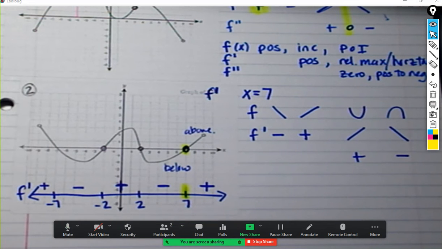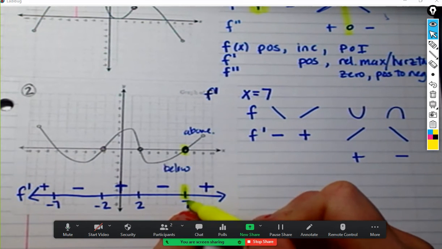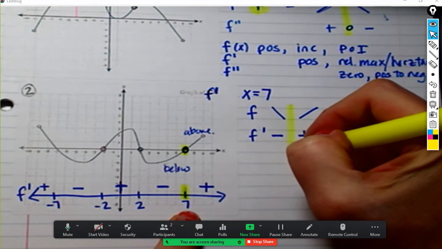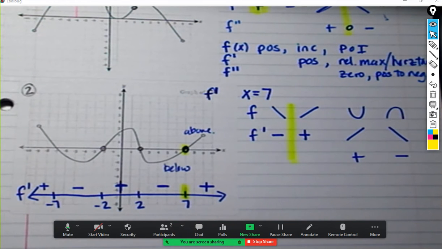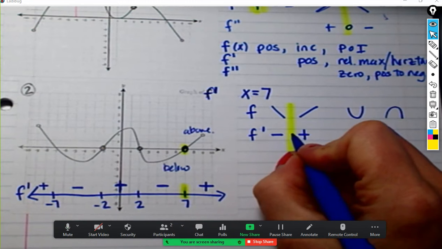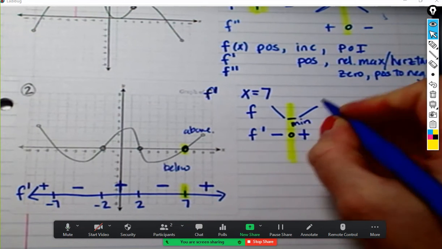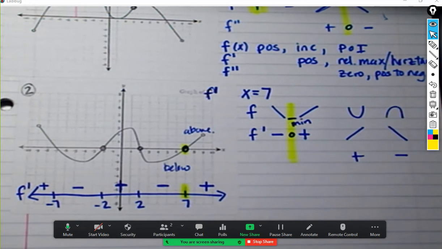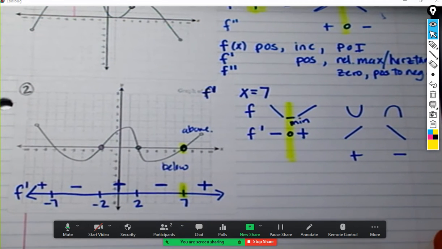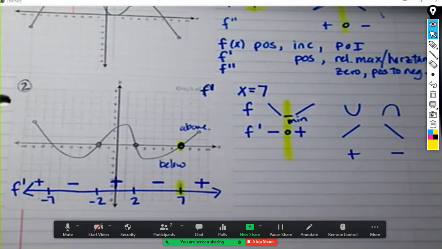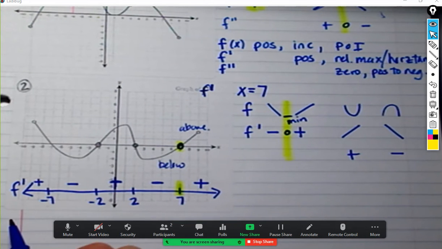Okay, so I'm looking at x equals 7. So that's right here. That's in between. All right, so that's 0. I'm going to go ahead and min, right? Because that creates a min on the graph before it. Okay, there's one more thing that we can see, okay?